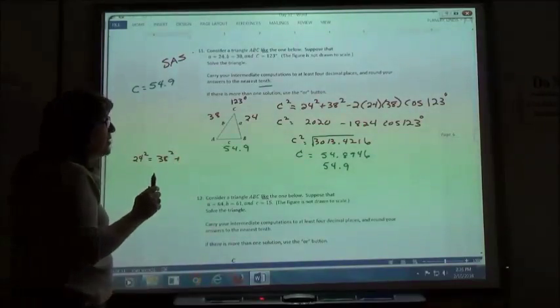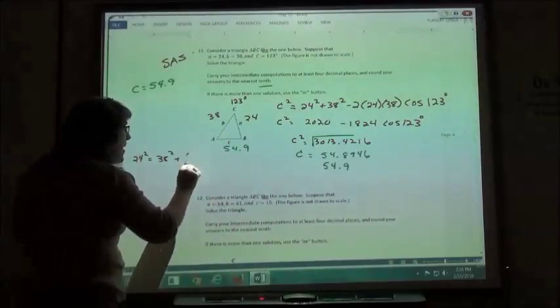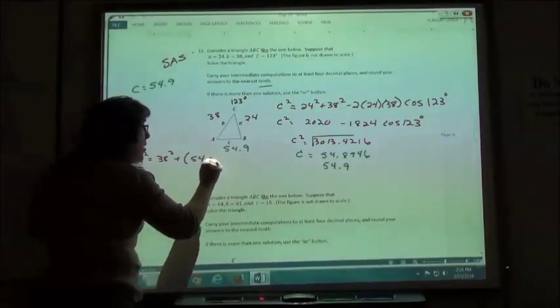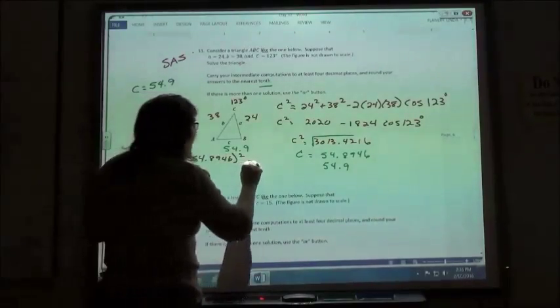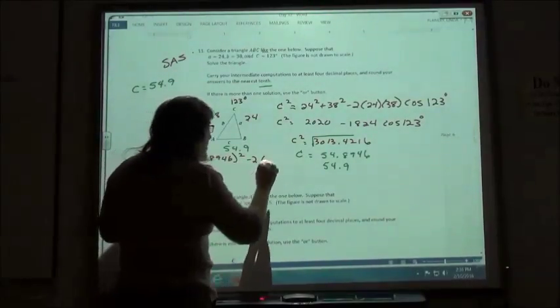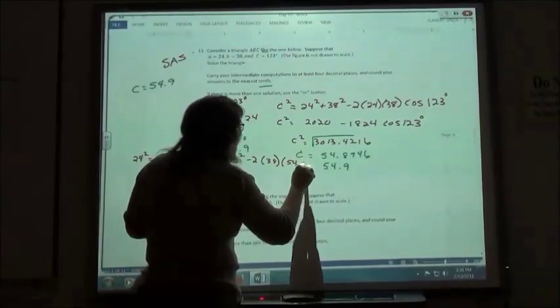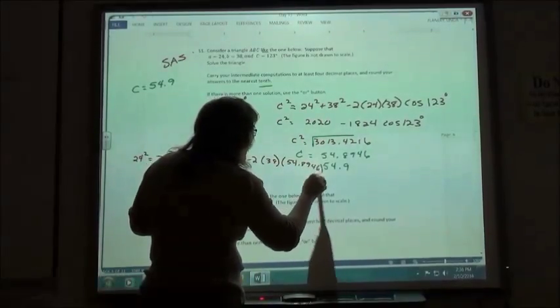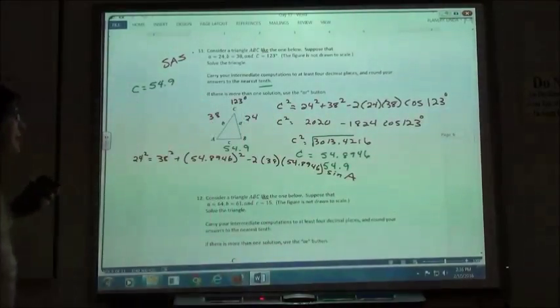Now be careful on this one again. We don't want to round that number off, so make sure you use the 54.8946 squared minus 2 times 38 times our 54.8946 cosine of A, smooshing that all in there.